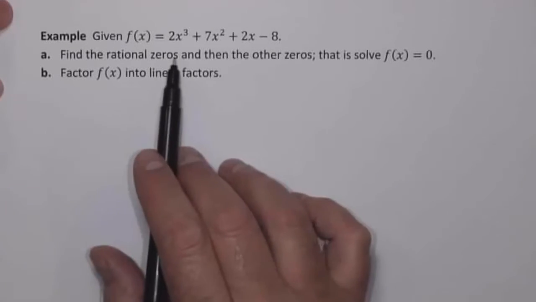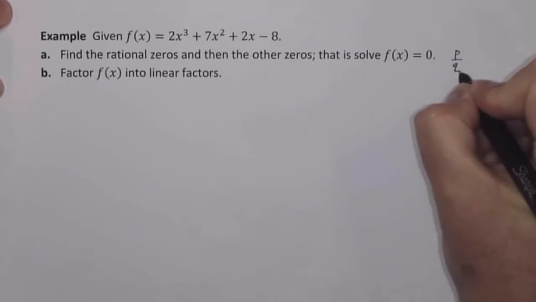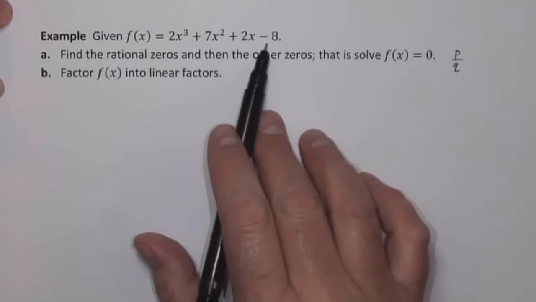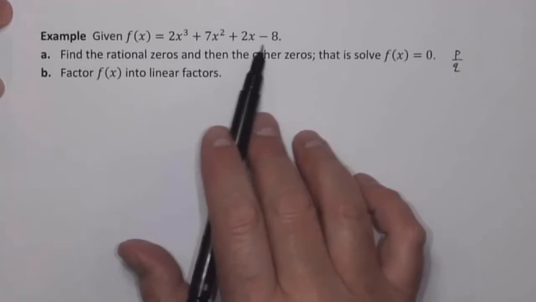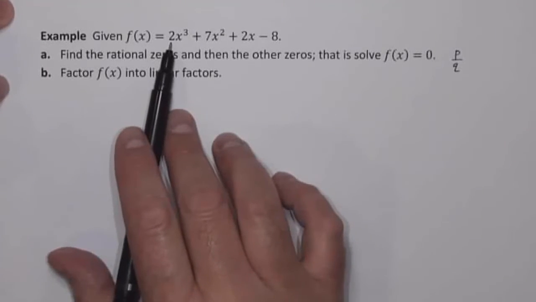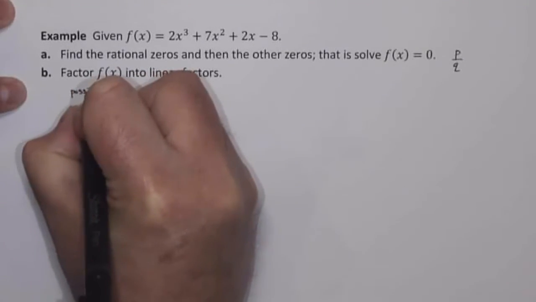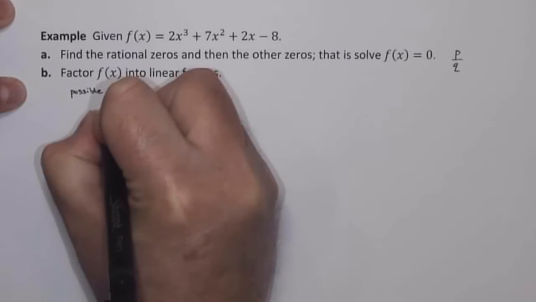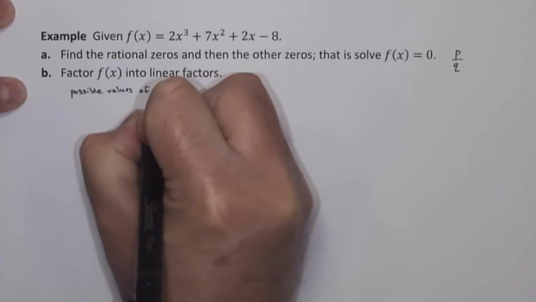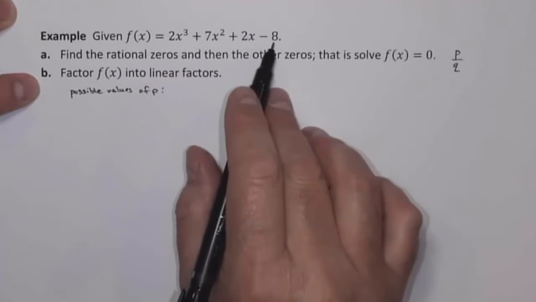So remember, the rational zeros theorem means if p over q is going to be a 0 of our polynomial function, then p has to be a factor of the constant, in this case -8, and q has to be a factor of the leading coefficient, which in this case is +2. So I want to think about the possible values of p. The possible values of p have to be factors of -8.